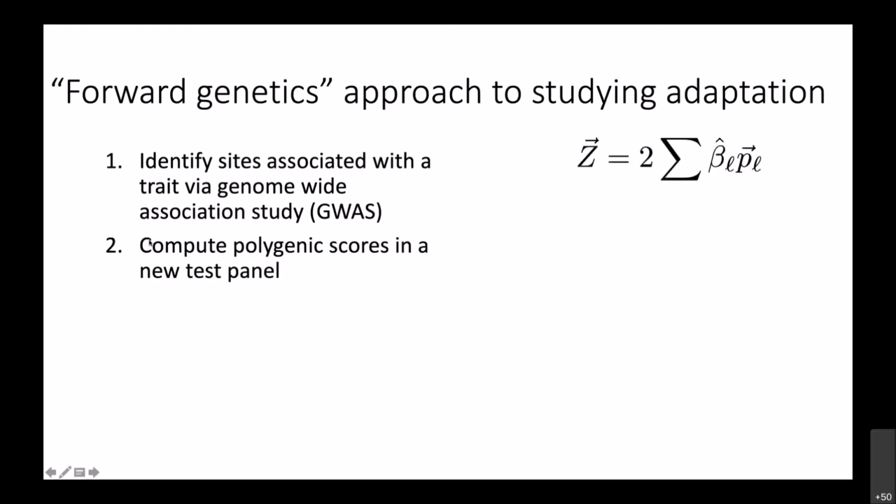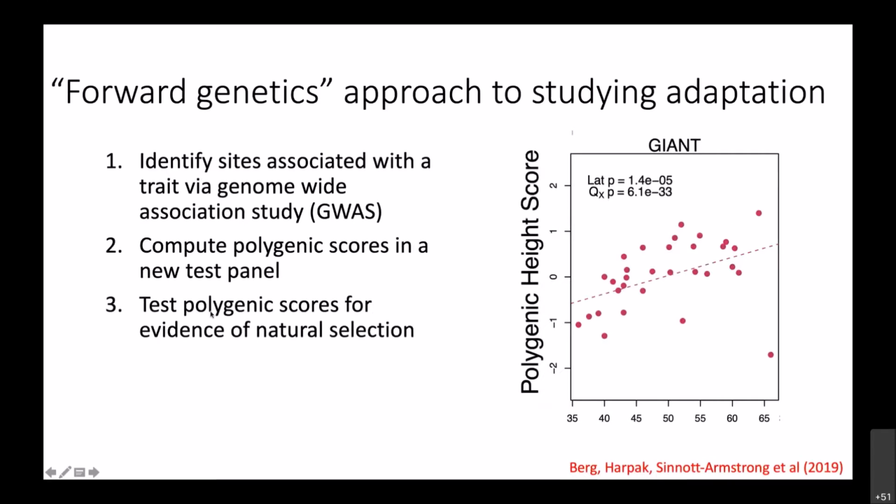Then you compute a polygenic score in a new test panel, and then you test whether that distribution of polygenic scores is consistent with neutral evolution, relying on the fact that polygenic scores are just sums of allele frequencies. We understand how allele frequencies evolve under neutrality, and so we can leverage this into a test for selection.